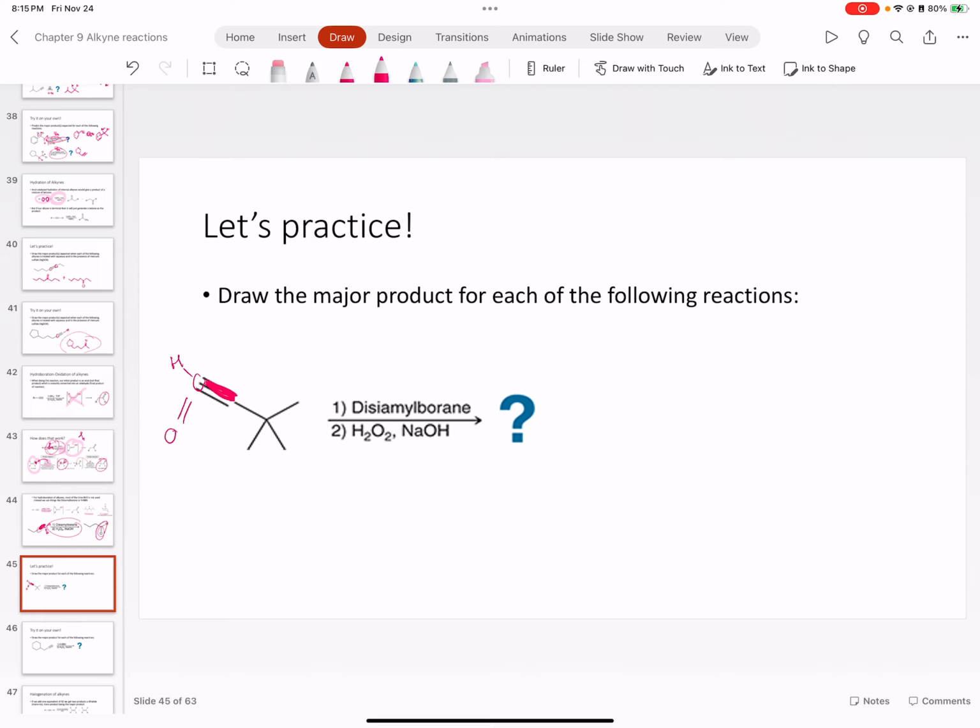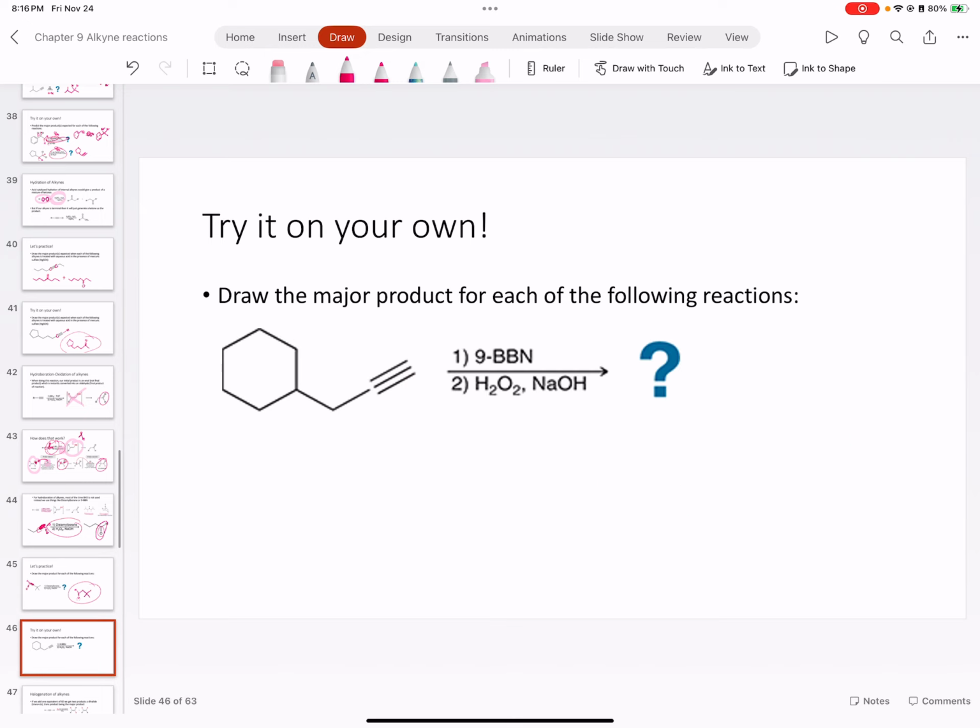So then let's see, I have this. I just want it to look nicer. Here I have a hydrogen, 1, 2, 3, 4. And that one will be my answer for this one. So you can try it on your own.